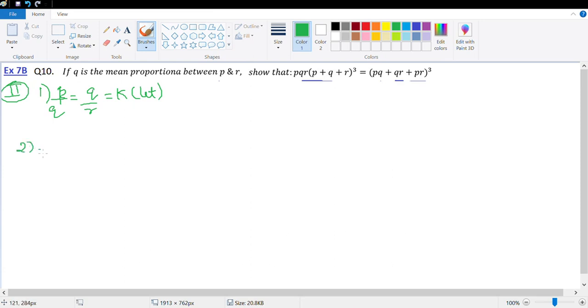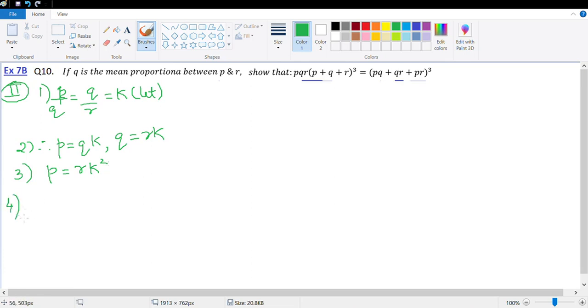Next step, what this gives me is, therefore P is equal to QK, Q is equal to RK, and if I put Q is equal to RK, I get P is equal to RK square. Now let's substitute these values in left hand side.